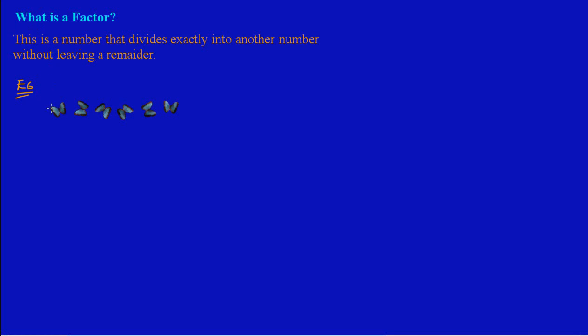Let's count with me. I have 1, 2, so I'm going to group these. Now we're going to group in sets of 2, so that's 1 set of 2's. Let me see if I have another 1, 2, that's 2 sets of 2's. And I have another 1, 2. So basically I got 1, 2, 3 sets of 2's.